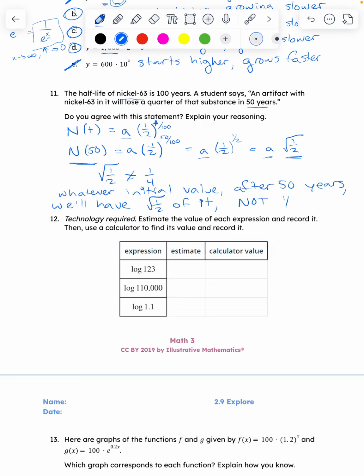That's not a quarter. Of it, right? So here I've shown that this particular person is incorrect because I've found the actual correct value. And by finding the actual correct value, I've shown that it's not what they supposed it would be. Okay.